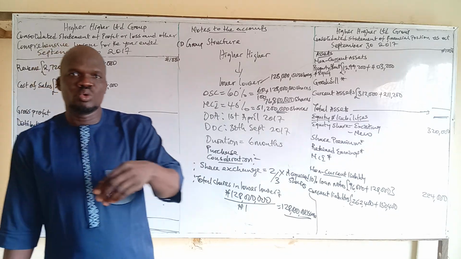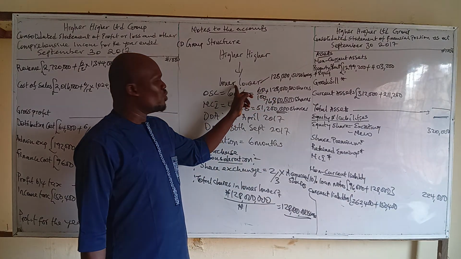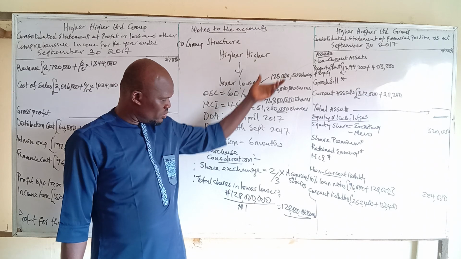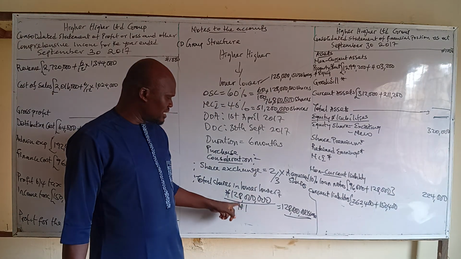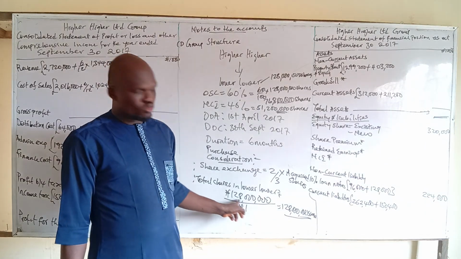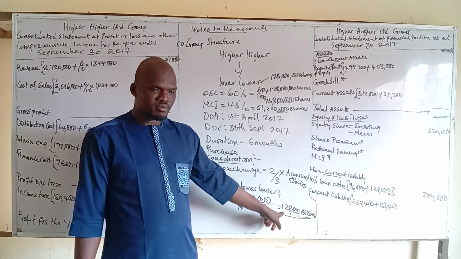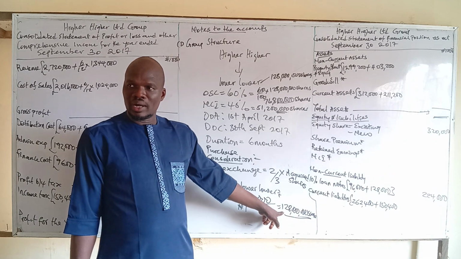When it is measured at fair value and you are not given the value, all you need to do is look at the entire shares in Lower. How did we get this? We divided the share capital by the nominal share to get the shares. This is the total shares in Lower.